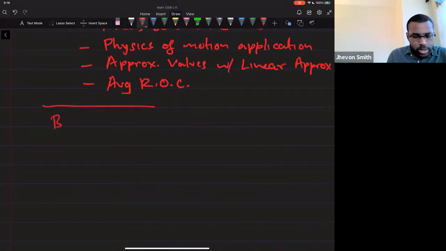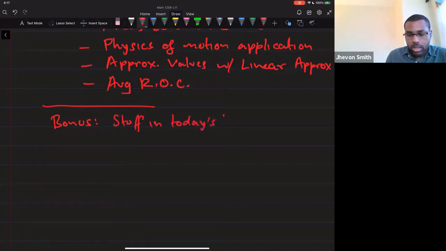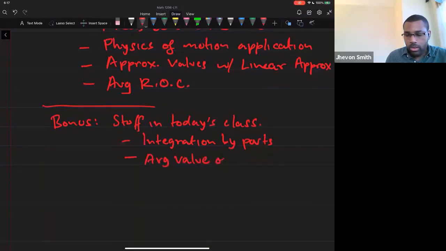So bonus would be stuff we do today, stuff in today's class. So maybe I'm hoping I get to integration by parts. Things like average value of a function.